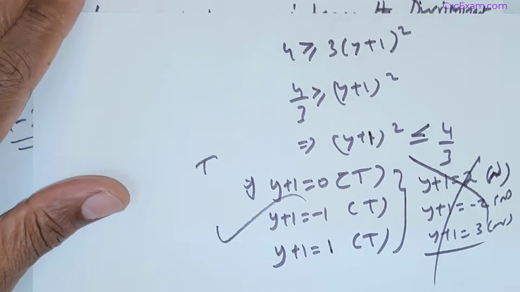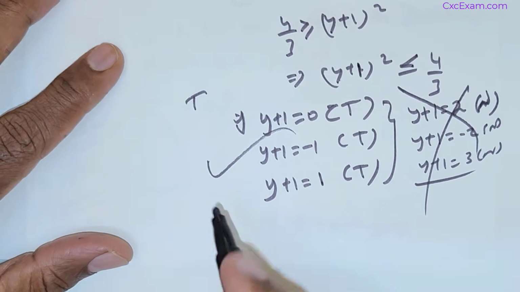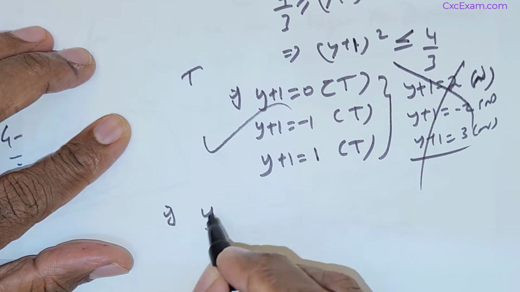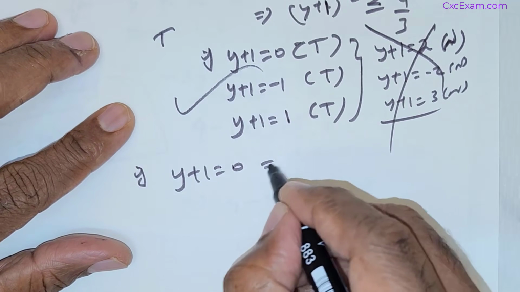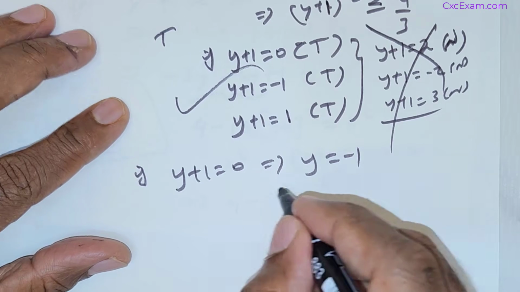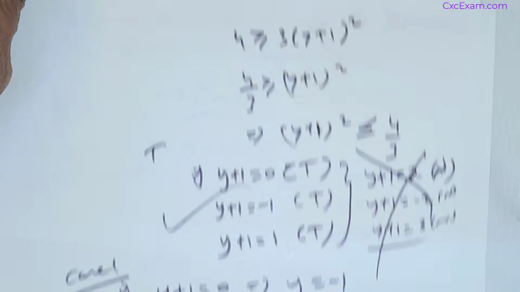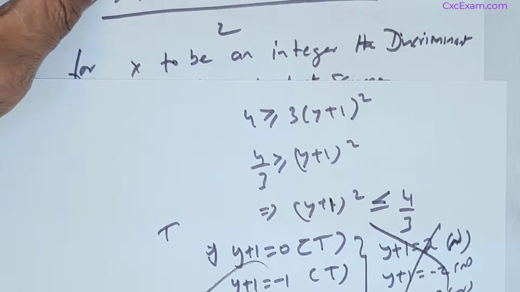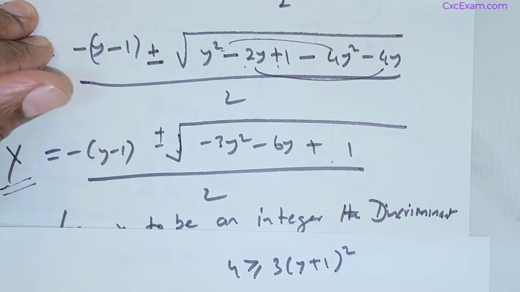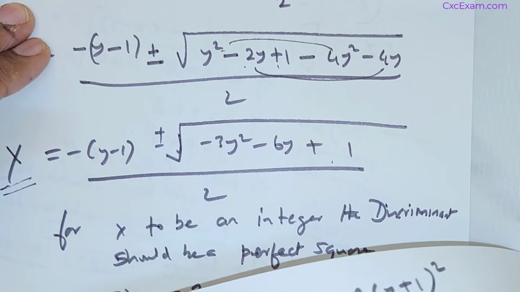Okay, so given this information, if y positive 1 is equal to 0, this means y is equal to negative 1. Okay, so this is the first case. So if y is equal to negative 1, you go up here and find the values for x. Okay, so that is the idea there.